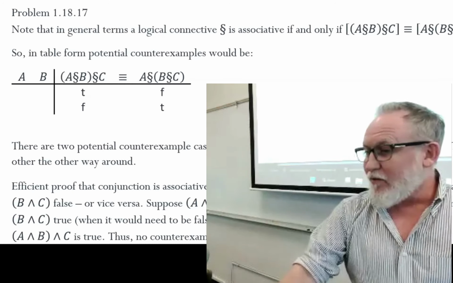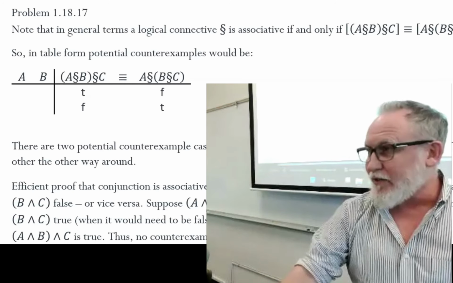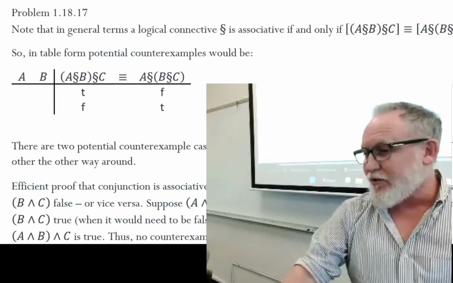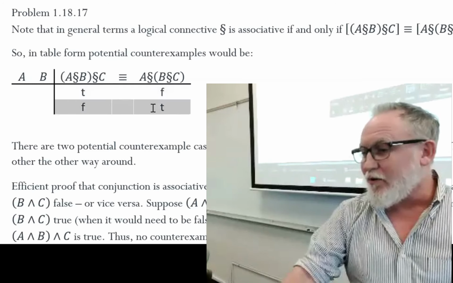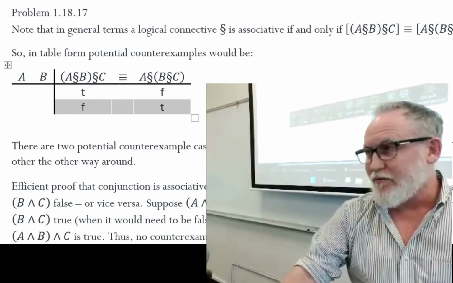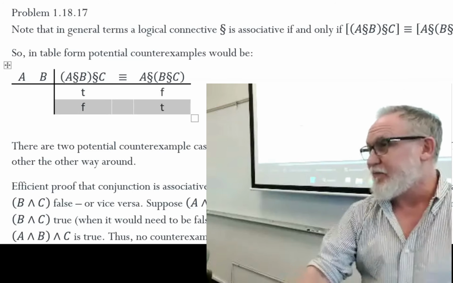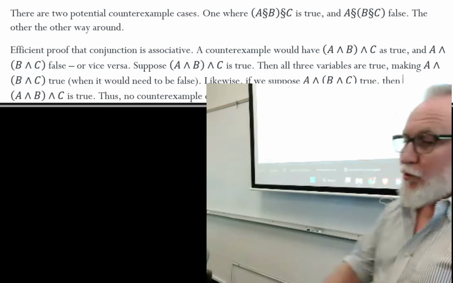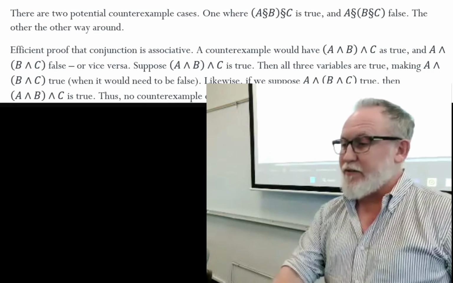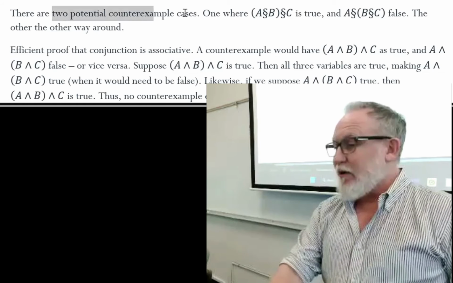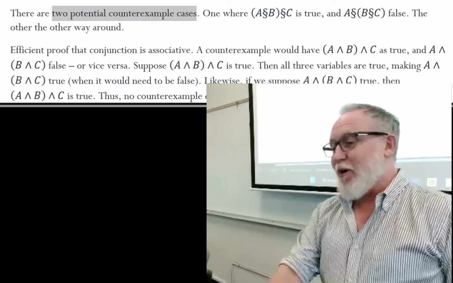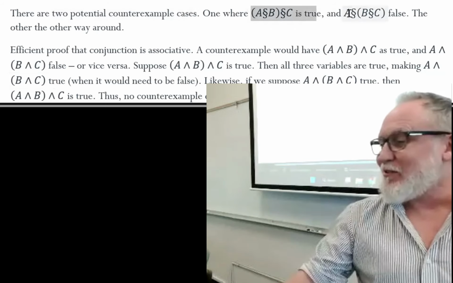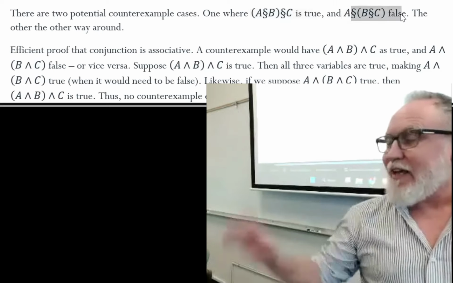But assuming that there is a counterexample, hypothetically, it would have to have this structure: true, false, or false, true. They would just not match. So we have two potential counterexample cases, however we would say that in English, where this form is true and this form is false, and then the other way around.